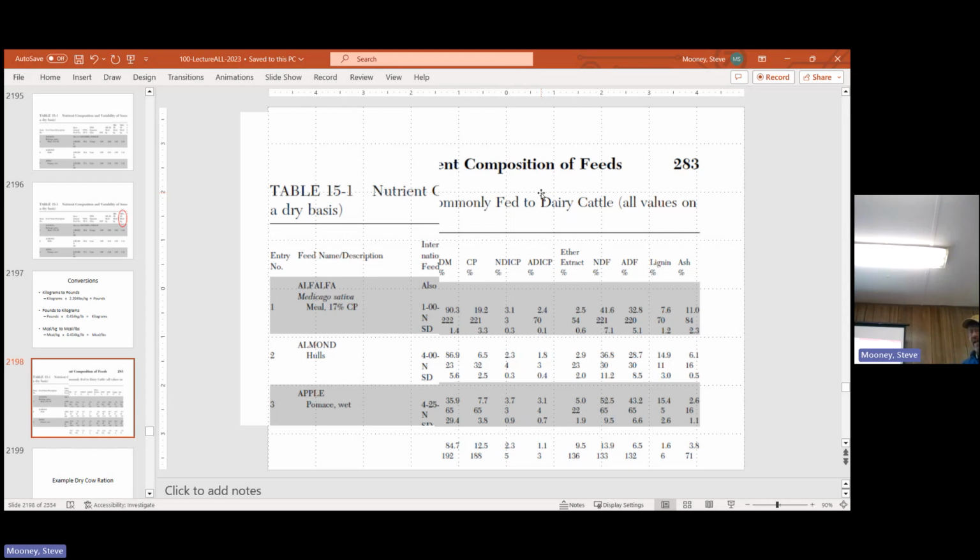How much is in the acid detergent? Ether extract, that's what? What's a synonym for that? Ether extract equals what? Fat, crude fat. Good way to think about that. Percent NDF, percent ADF, lignin, and then ash or minerals at the end.